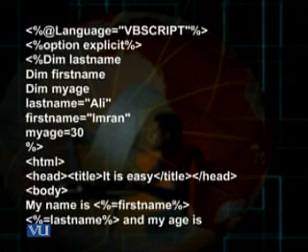Then HTML, I start head. I give a title, it's easy, title closed, head closed. Then within the body, I write my name is, you can see the delimiter. Then with the equal sign, I write the words first name, my variable first name, and that in fact would write the value of the variable first name for me.